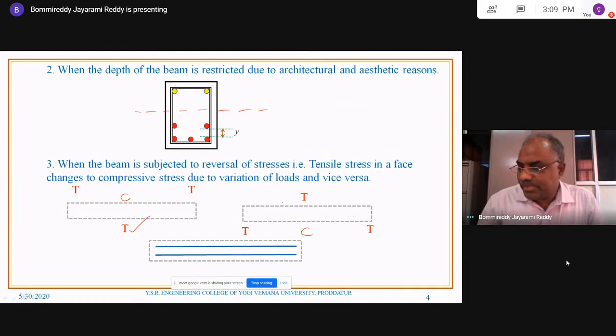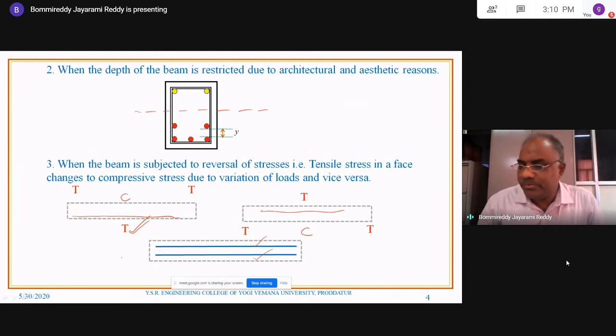So that means in one stage tension is at the bottom, so we need reinforcement at the bottom only. But in another situation, tension is at the top, so you need reinforcement at the top. For both situations, the beam must be in a safe condition, so reinforcement is to be provided both at top and bottom to take care of the tensile stresses because of the reversal of stresses.